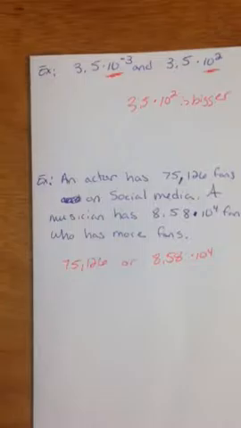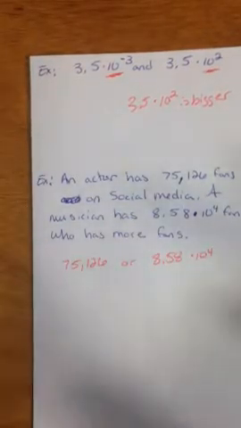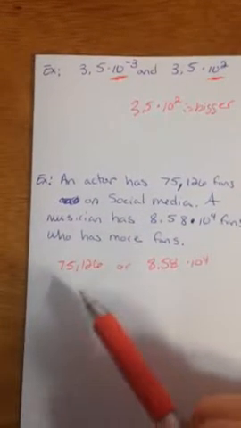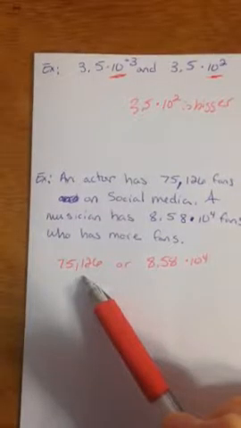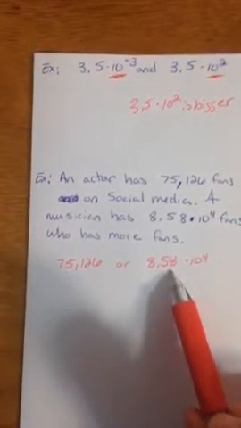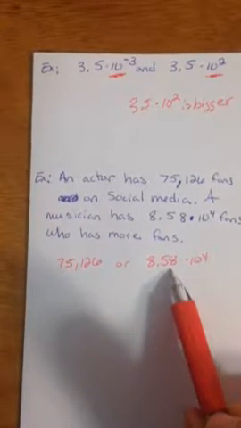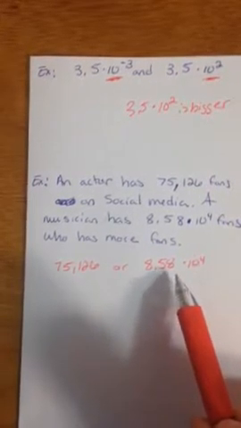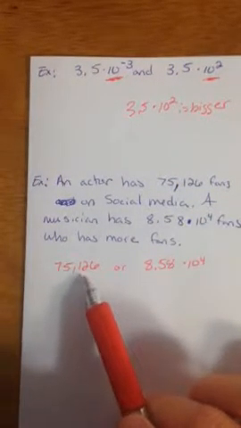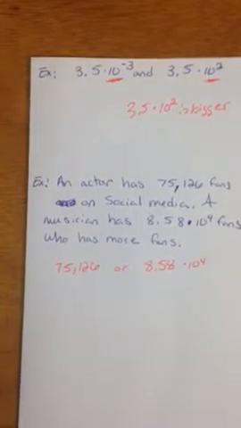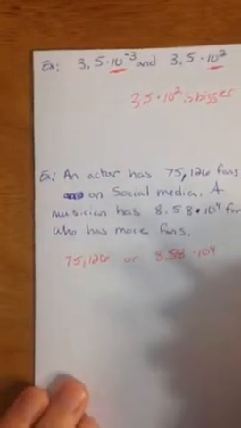So the only way it works is if both of them are in the same form. Since this one's in standard form, I could change this one into standard form. But I'm actually not going to do it that way, because I think most of you can convert this to standard form pretty easily. I'm going to convert this one into scientific notation because I think most of you would have a harder time doing that.